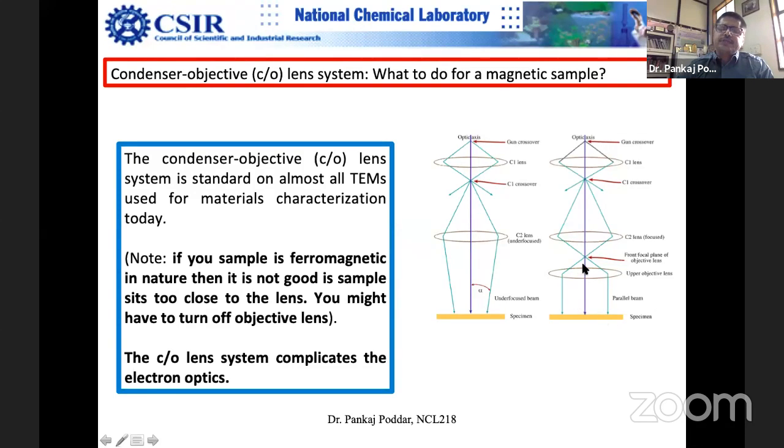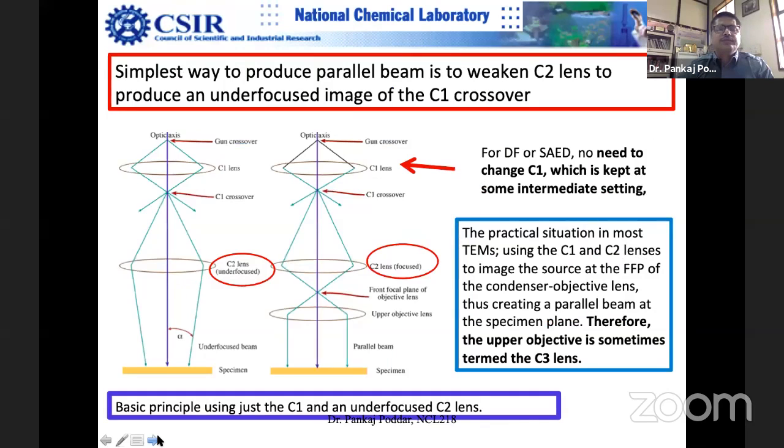There is another problem: the magnetic field from the sample itself can also disturb the electron rays. But anyway, it is better to avoid the problem, and this is how you can do that.